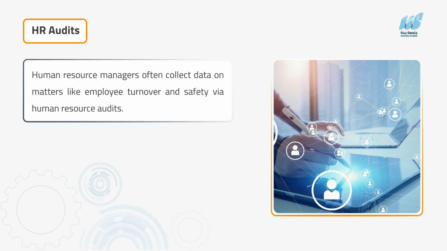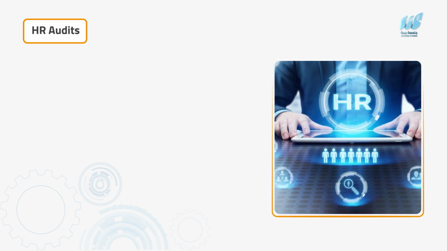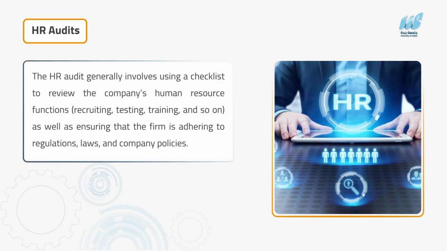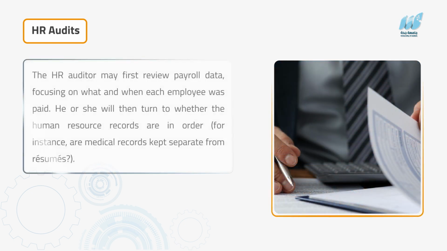Human resource managers often collect data on matters like employee turnover and safety via human resource audits. The HR audit generally involves using a checklist to view the company's human resource function, recruiting, testing, training, and so on, as well as ensuring that the firm is adhering to regulations, laws, and company policies. The HR auditor may first review payroll data, focusing on what and when each employee was paid.